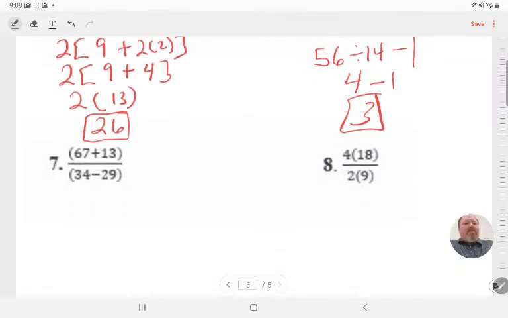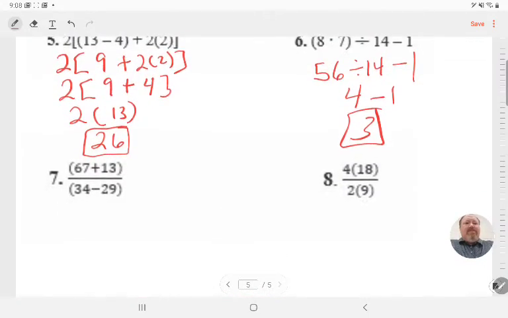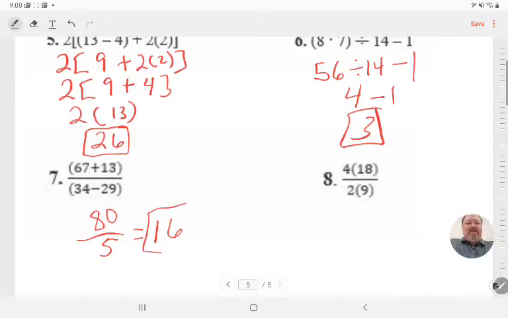Okay? Number 7, it's a division problem. And we do the numerator first. So we have 67 plus 13, which would give me 80, and 34 minus 29, which would give me 5. And 80 divided by 5 is going to give me 16.